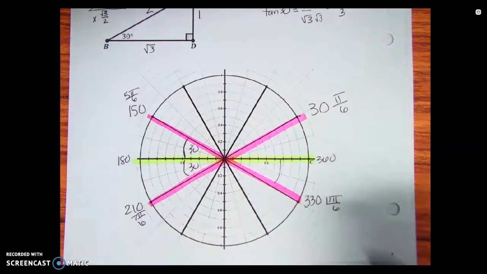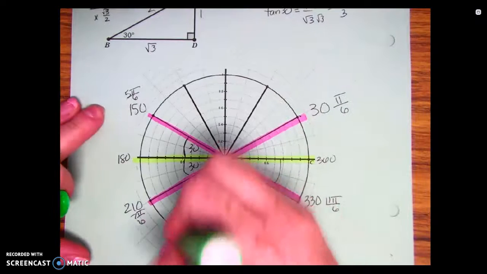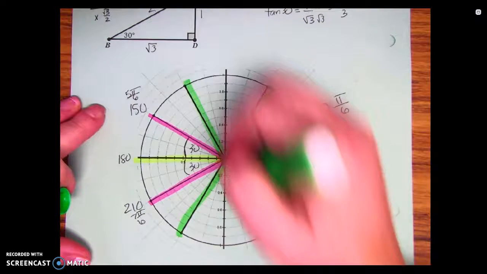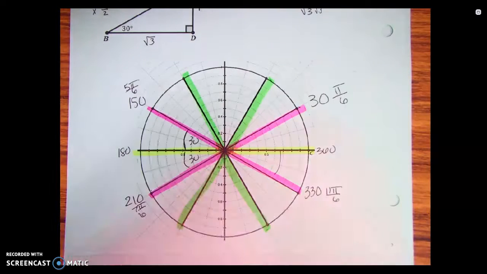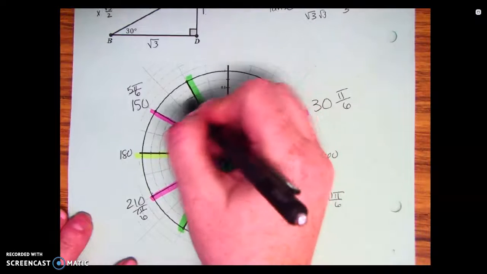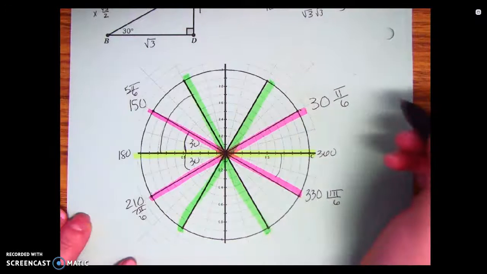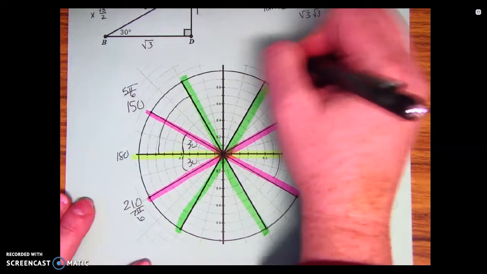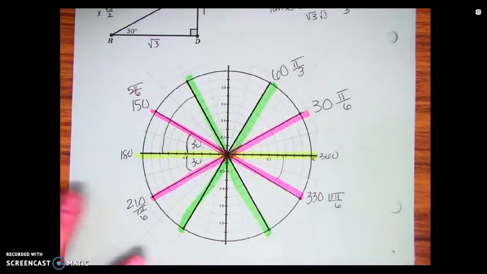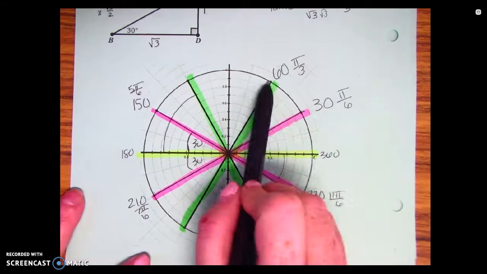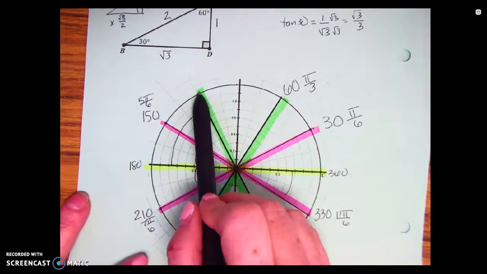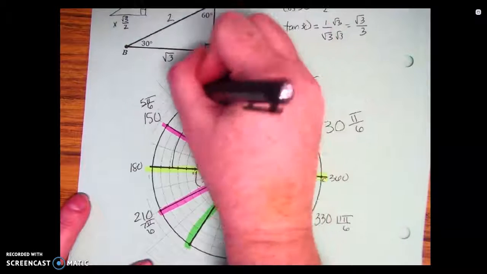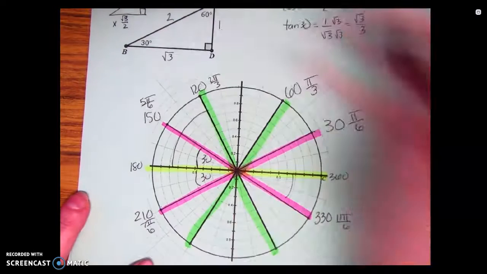Now, we have 60s in every quadrant, so here's my 60s. My 60s, again, it's because they're 60 degrees away from the x-axis. So this is a 60, which is a third of pi, or pi over 3. This is 1 60. This is 2 60-degree angles, so this is 120, or 2 pi over 3 radians.